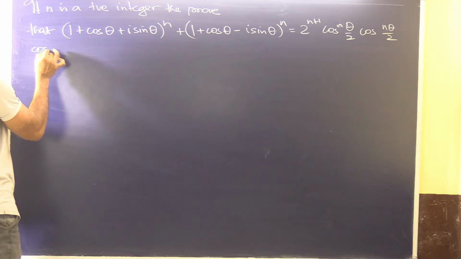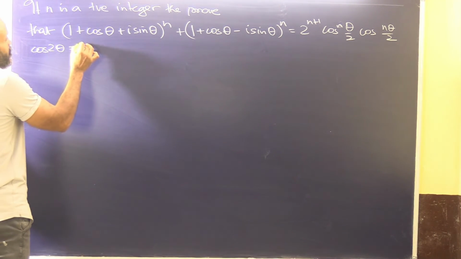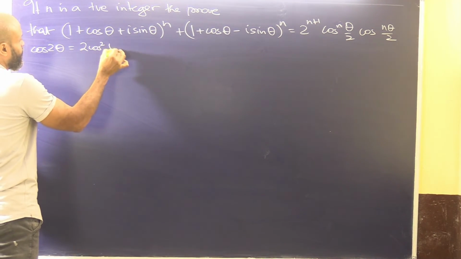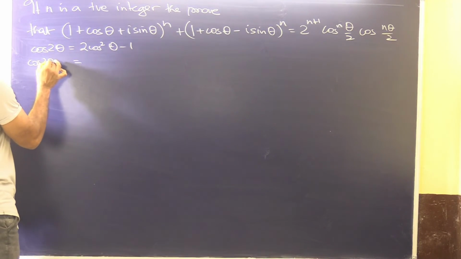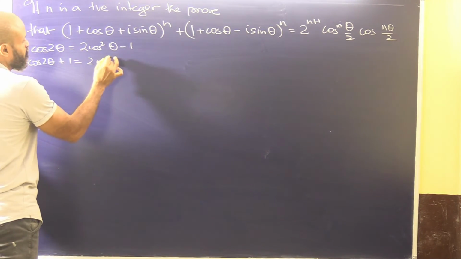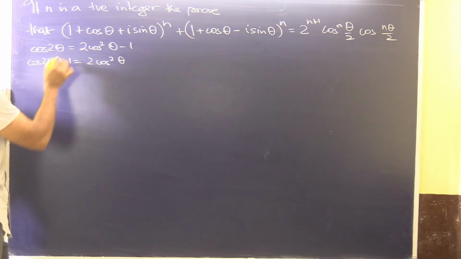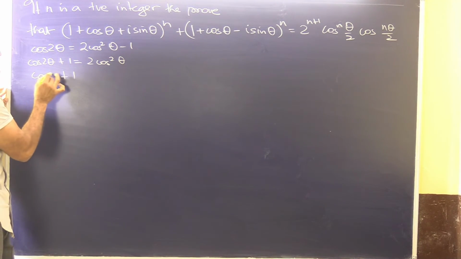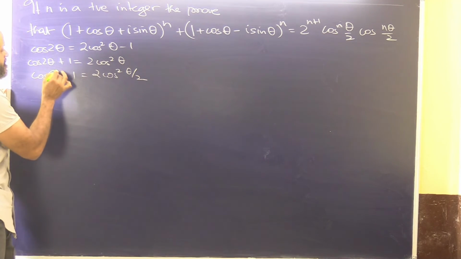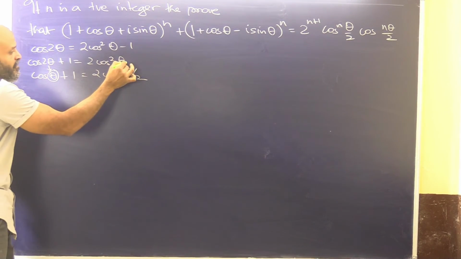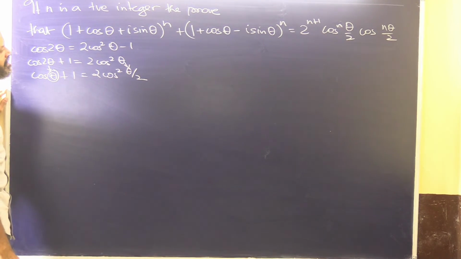We all know cos 2θ is equal to 2cos²θ − 1. So obviously cos 2θ plus 1 will be equal to 2cos²θ. So 1 plus cos θ will be equal to 2cos²(θ/2), since this becomes θ from 2θ, obviously this will become θ/2 from θ.